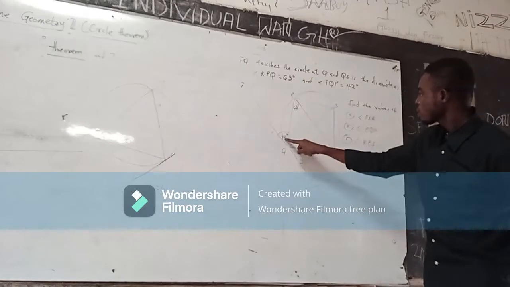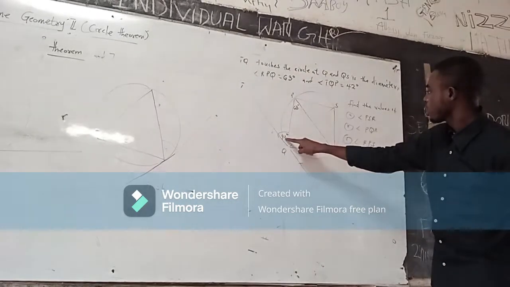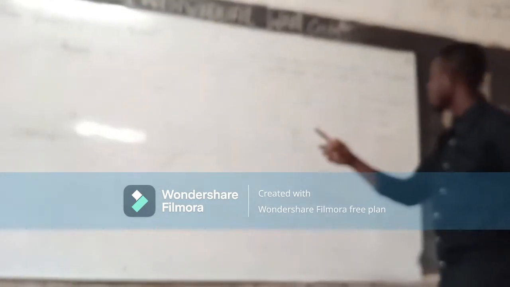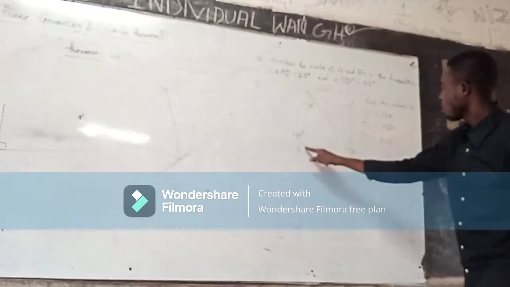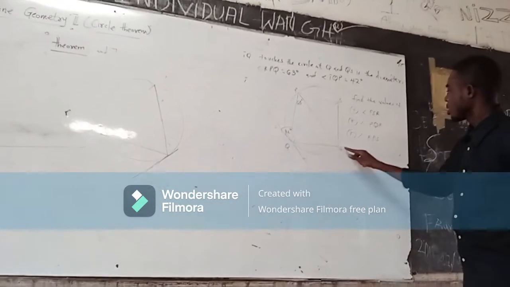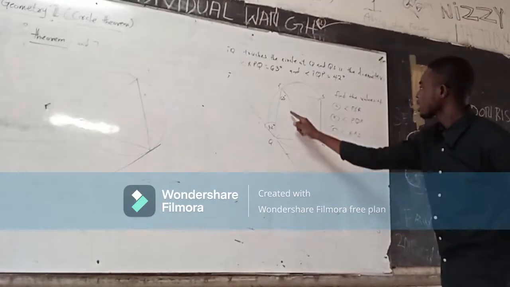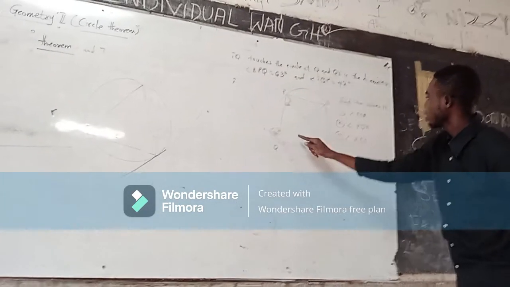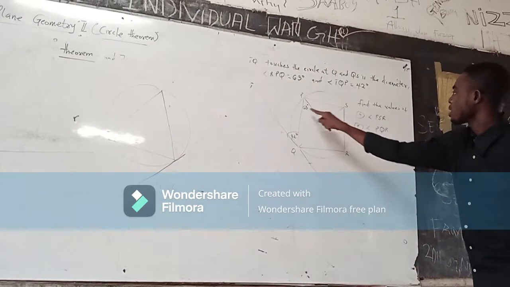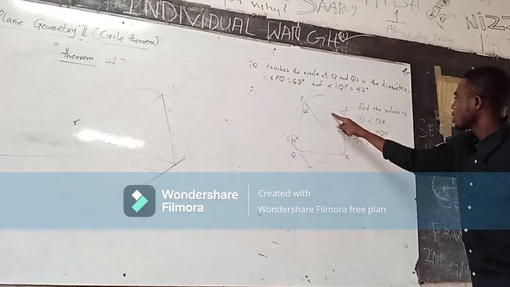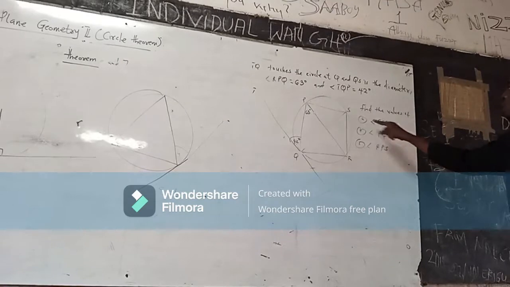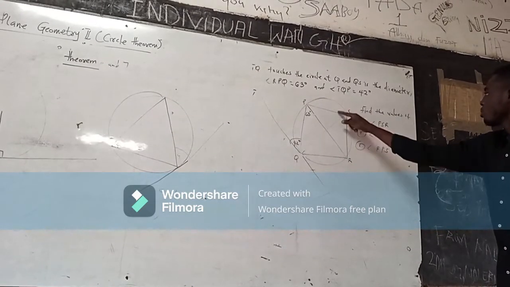So the angle here is going to be this. Also, we have already learned that when two angles are built on the same chord or arc, the angle built here is the same as this. So when you bring the 42 here and this one here, you get what they want you to find, the PSR.